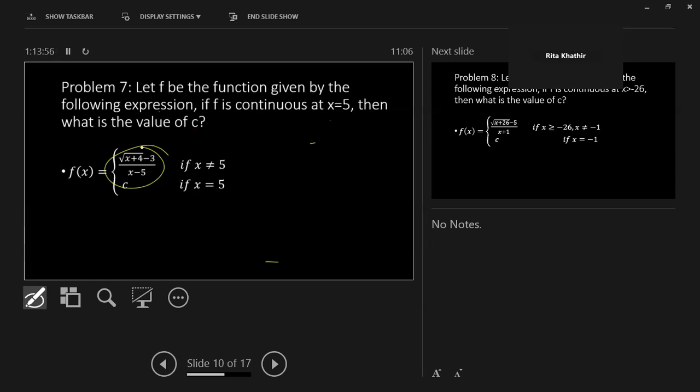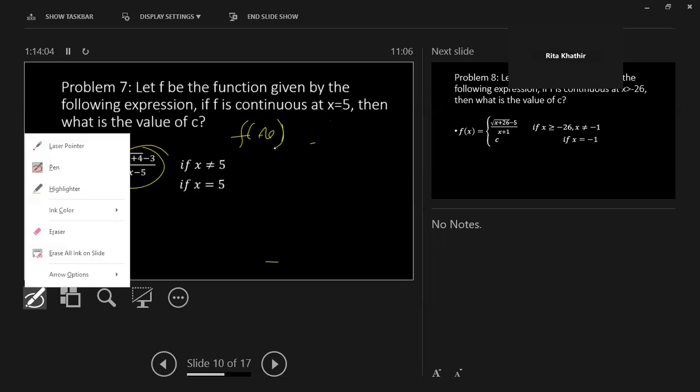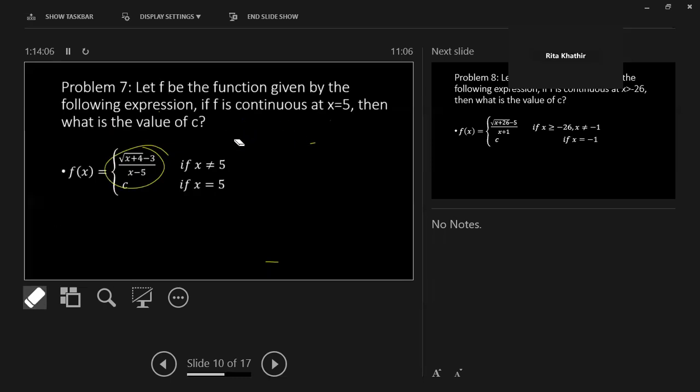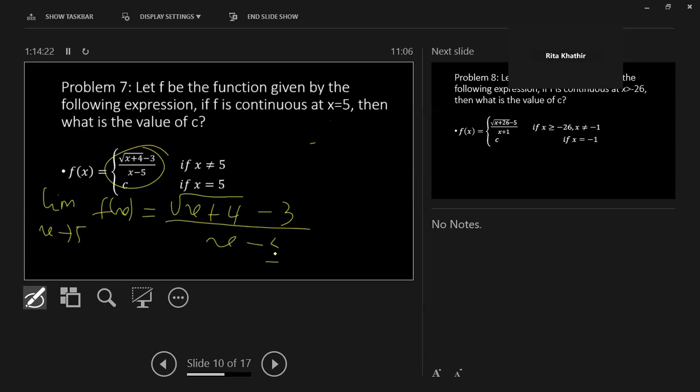So now let's try to make f of x. We write the limit as x approaches 5 of f of x, which is the square root of x plus 4 minus 3, over x minus 5.